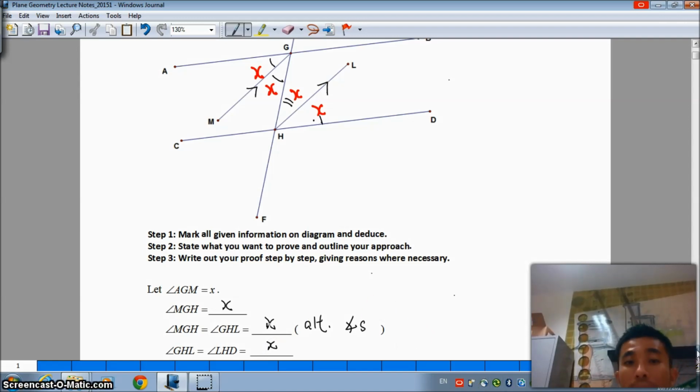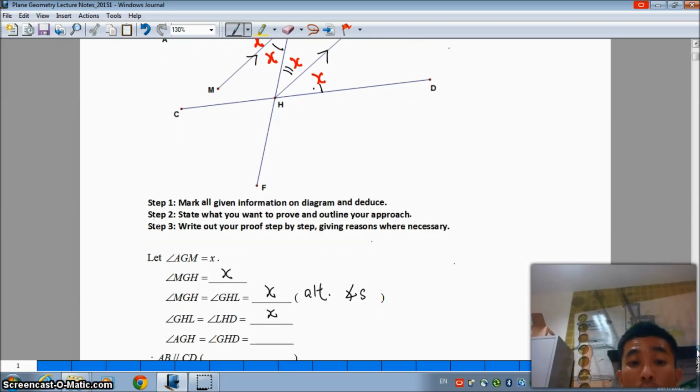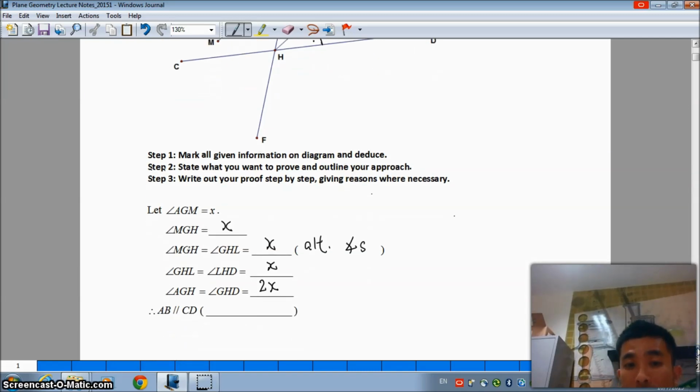Now, can you see that angle AGH is equal to 2X? Angle GHD is also equal to 2X. Let's write that down as well. And since both those angles are equal to 2X, we can conclude AB is parallel to CD.